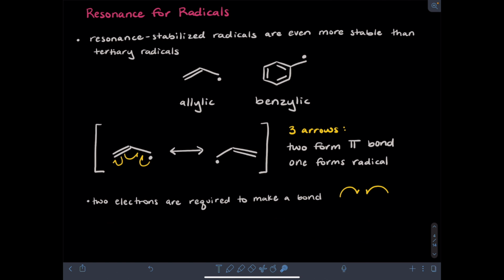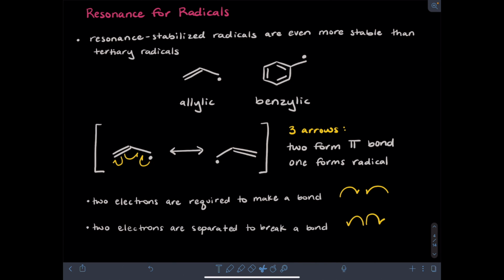The way these fishhook arrows are used, when you bring 2 fishhook arrows together, where they meet in the middle forms a new bond. So the 2 curved arrows where I take the radical down and a pi bond electron over is forming the new pi bond between these 2 carbons on the right.